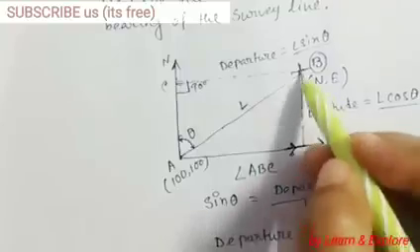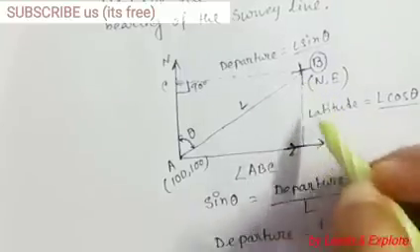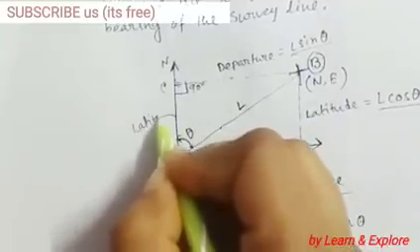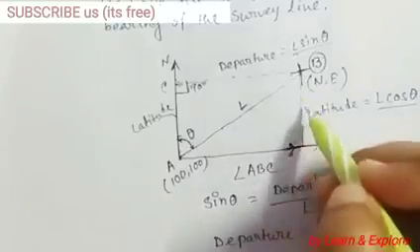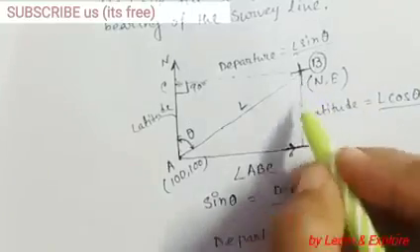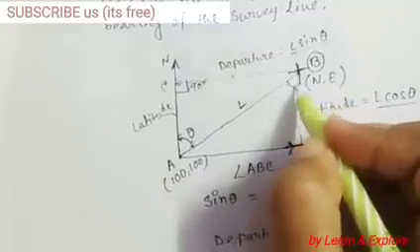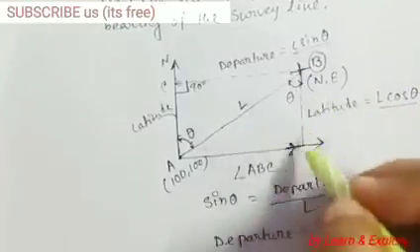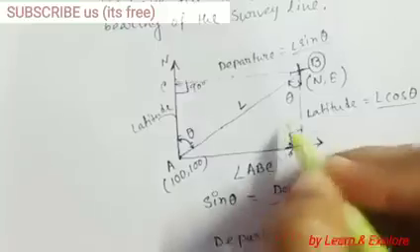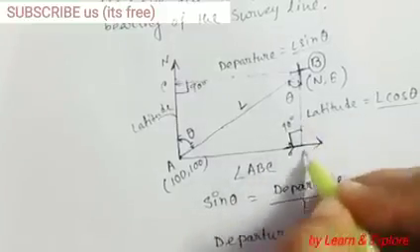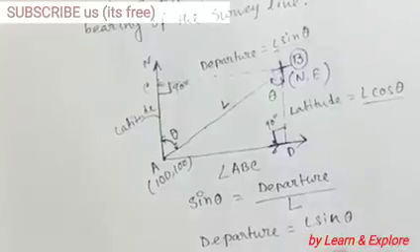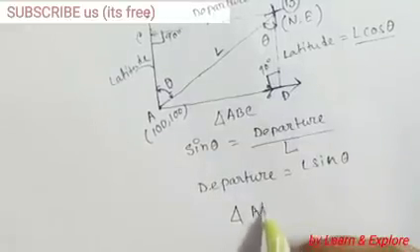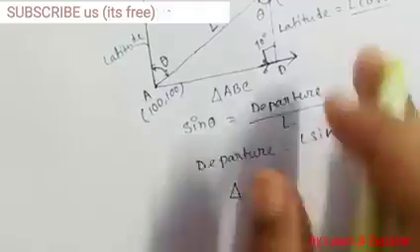Similarly here, this line is parallel to this line, so it is also latitude, parallel to the y-axis. If this angle is theta, this angle will also be theta mathematically. So here we have another right angle triangle. This is 90 degrees, and suppose this is D. For triangle ABD, we have to find L cos theta.